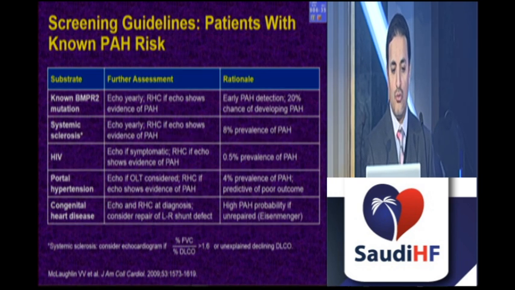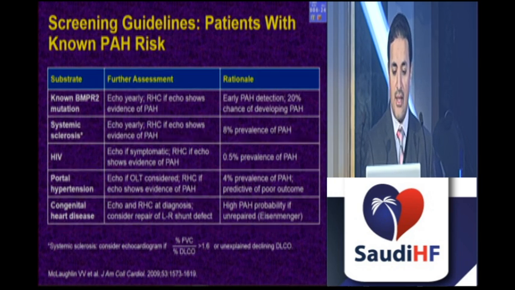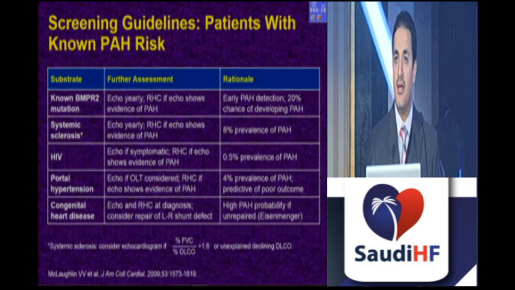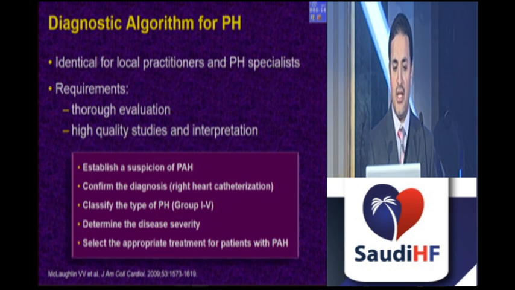So you have to do an echocardiogram on them yearly, and the same applies to other associated conditions like systemic sclerosis, HIV, portal hypertension, and congenital heart disease according to these guidelines. And in systemic sclerosis, it's also important to screen patients if the DLCO, the diffusion capacity, decreases significantly without an explanation.